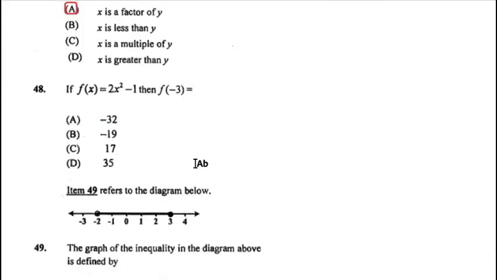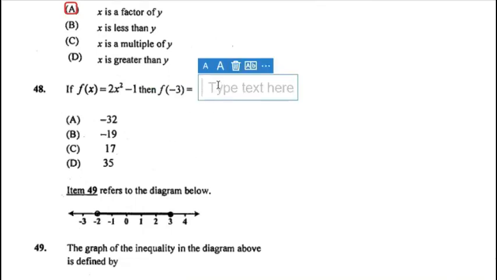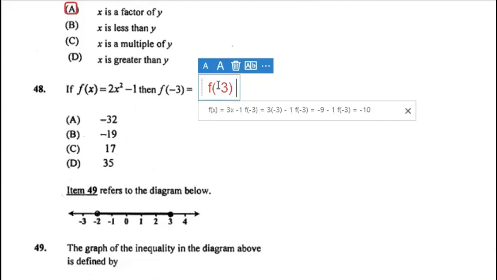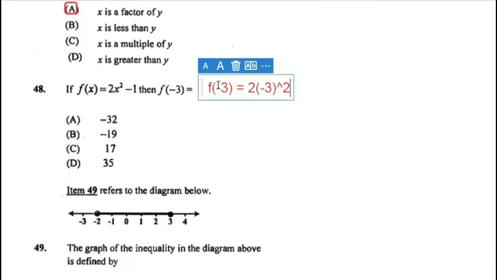So 48, if f of x is equal to 2x squared minus 1, then f of negative 3 is equal to. So wherever we see x, we will replace it with negative 3. So f of negative 3 is equal to 2 times negative 3 squared minus 1.